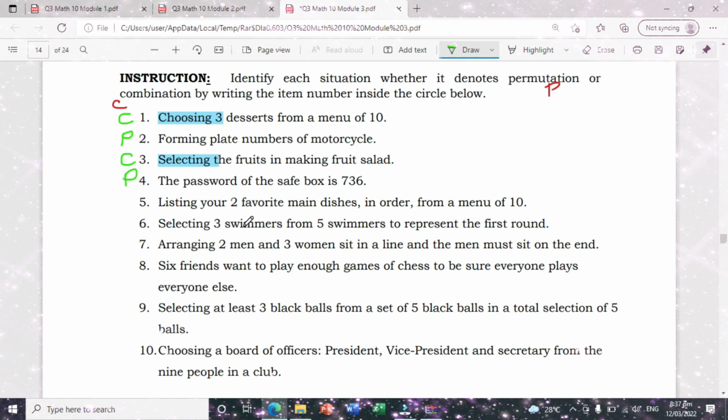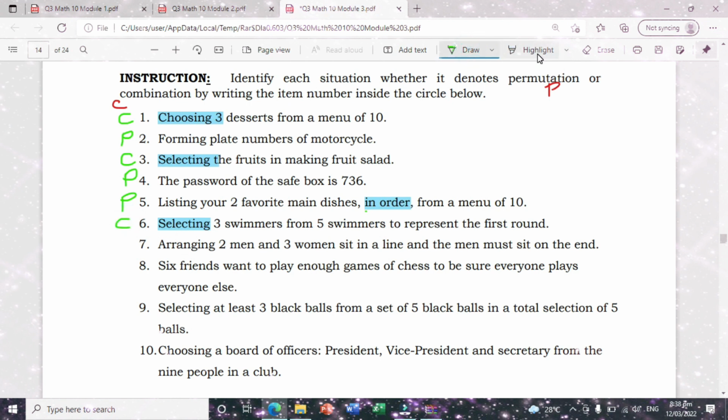Number 5, listing your 2 favorite main dishes in order from a menu of 10. In order. O yan yung ating keyword. So this is permutation. Selecting 3 swimmers from 5 swimmers to represent the first round. So selecting man. So directly this is combination.